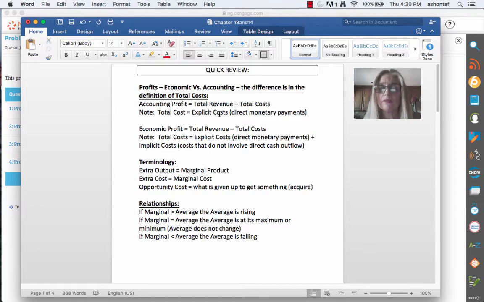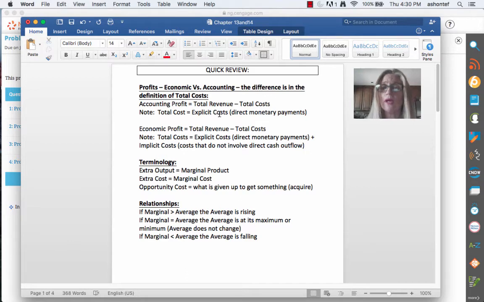So quickly, if we look at the document here, just a quick reminder how economists versus accountants define profits. It's real important when you're doing this section of homework that you think about that. So remember, profits are defined as total revenue minus total costs, and both accountants and economists define profits that way.